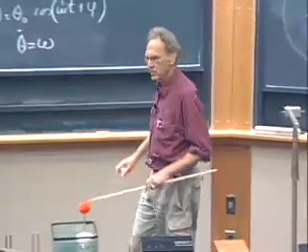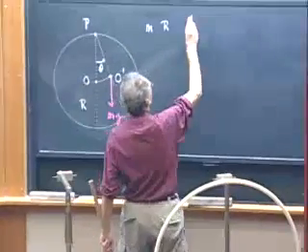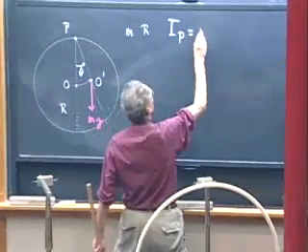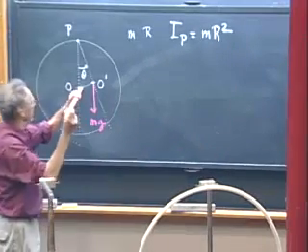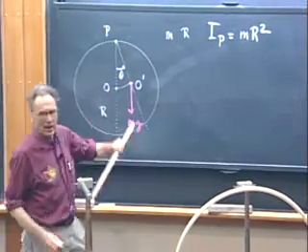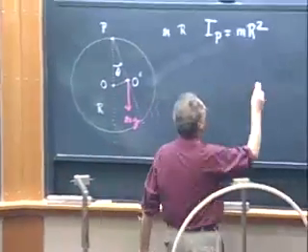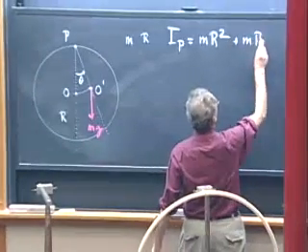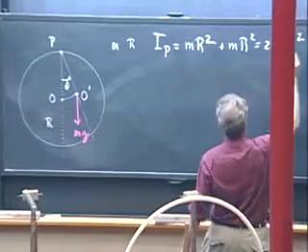That's the parallel axis theorem. And so the moment of inertia about point P: we take the same axis, we move it to P, and we have to add m distance squared, so we have to add plus mr squared, so we get 2mr squared.